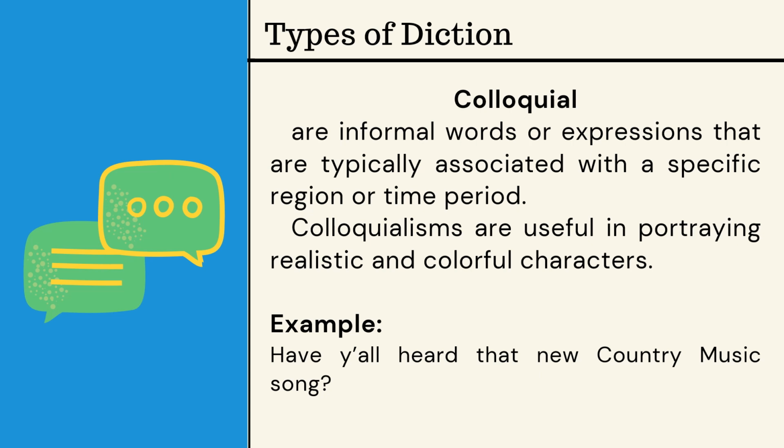So, colloquial is a type of informal diction, but here the words are expressions which are typically associated with a specific region or time period. It's region bound, it's time bound, because at some point it could die.